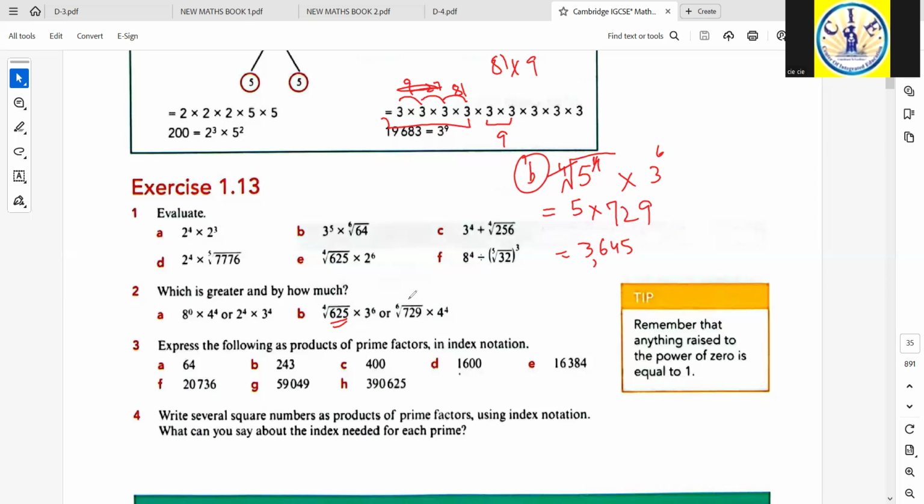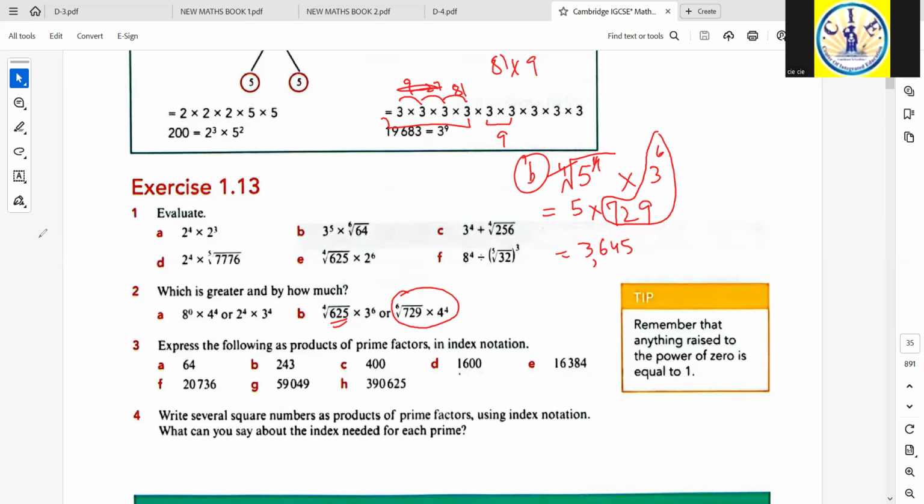Now let me simplify the other number, that is the 6th root of 729. Which number is that which, when multiplied with itself 6 times, may give us 729? That is obviously 3. We have just simplified it.